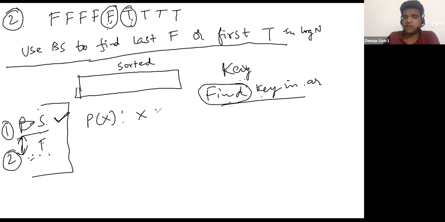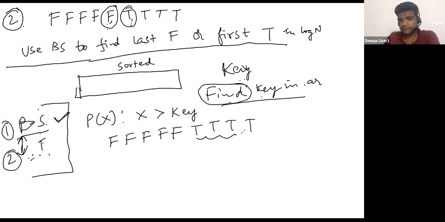What if I do X greater than target or key? If I do X greater than key, then what can I find? I know that all these Ts are obviously greater than the key, right?